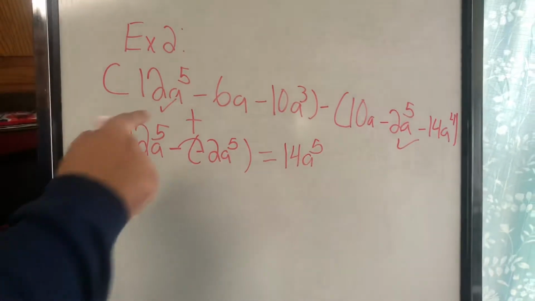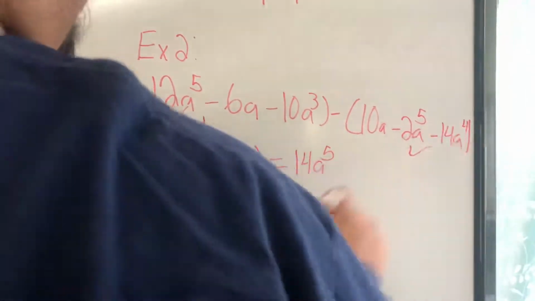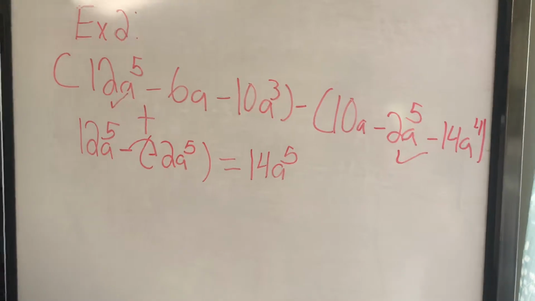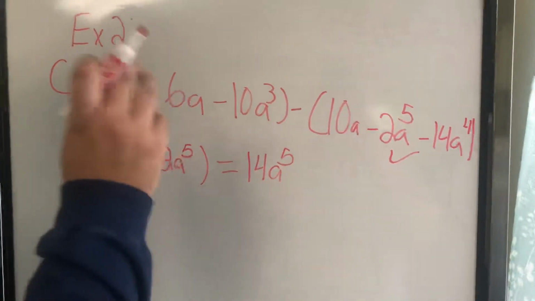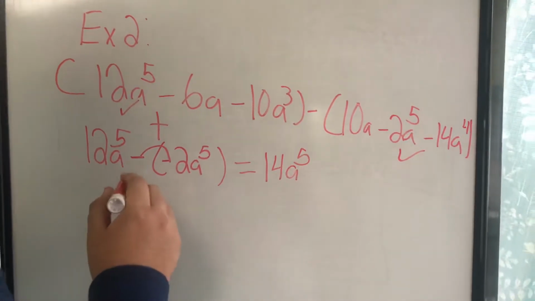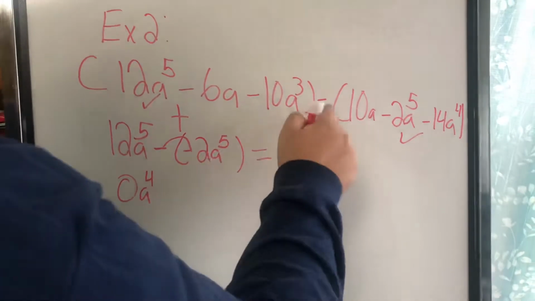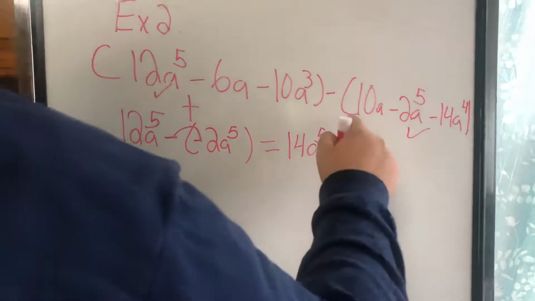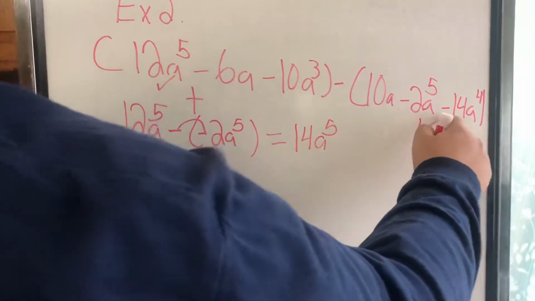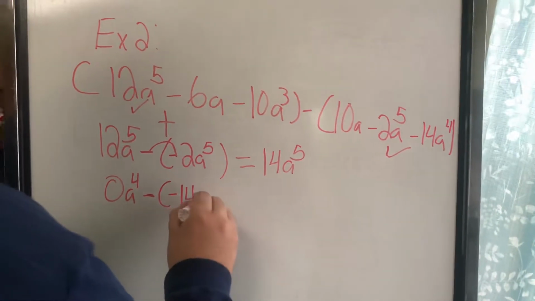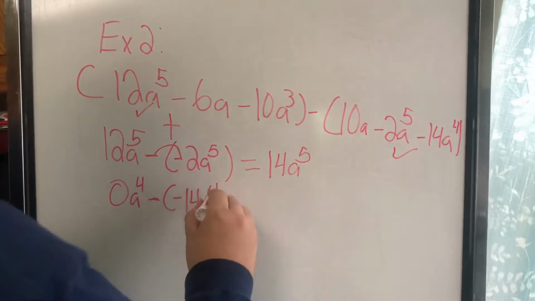Now, the next biggest exponent we have is a to the power of 4. And you notice on the left side, we don't have it. Always do this to help you out. I'm going to place a placeholder, which is going to be 0a to the 4th minus, go on the right side. Notice, once again, it's a negative. So I'm going to write parentheses, negative 14a to the power of 4.